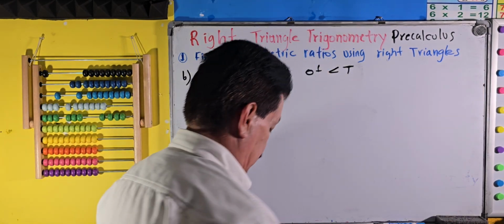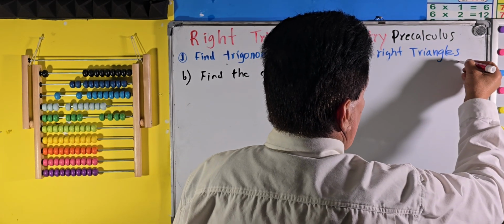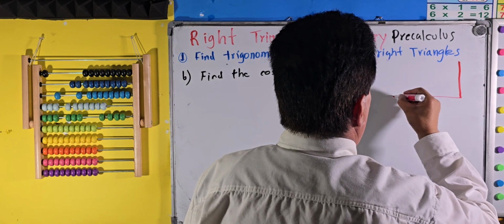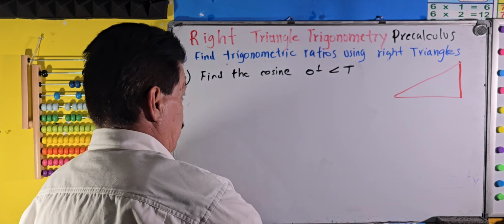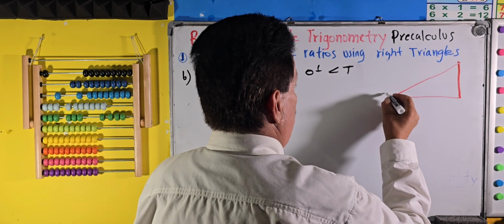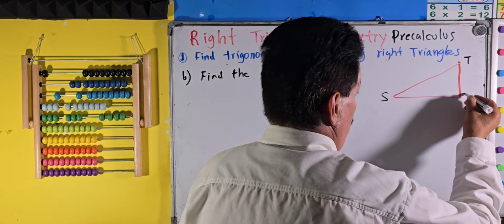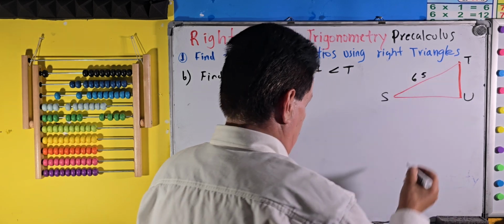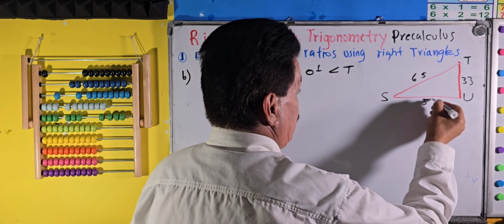We have a right triangle. Let's give it letters: S, T, and U. All right, and then the hypotenuse is 65, then one side is 33, and the other side is 56.